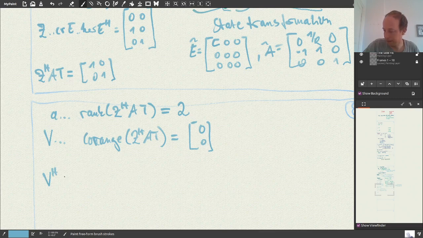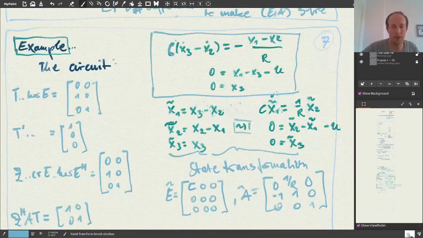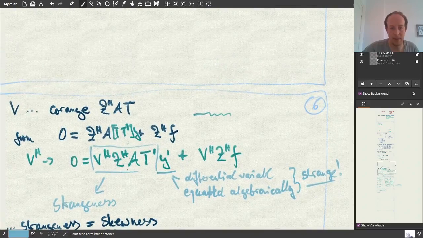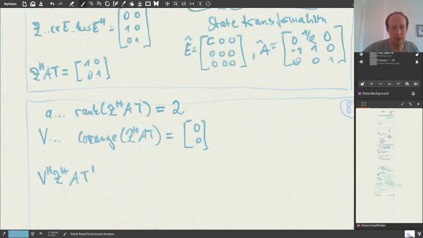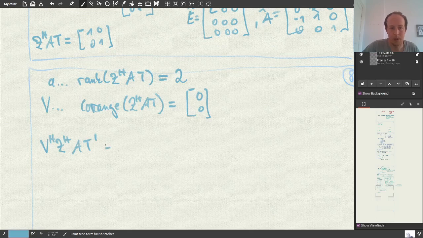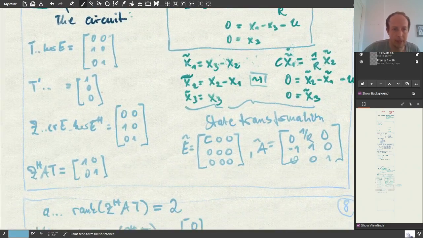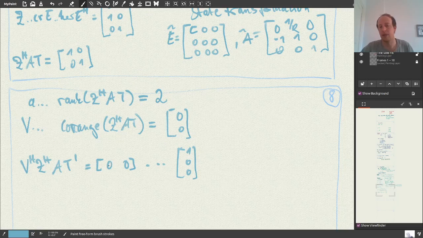And then we can compute V H Z H A T dash, because this is what we need to define the strangeness. So this is this part. But yes, this is like 0, 0, then some matrices, and T dash was this one, right? Yeah, T dash is this one, and since we multiply a 0, this can only be 0.